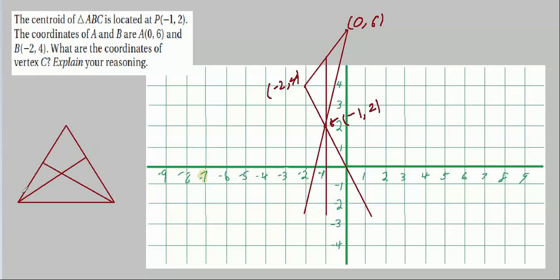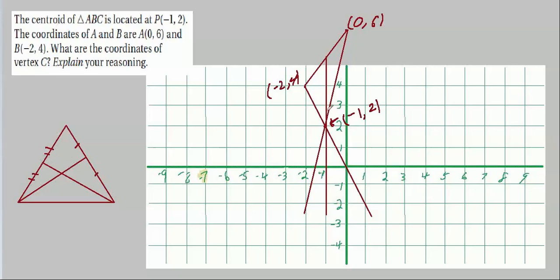It goes from the vertex to the midpoint, which I didn't draw very well, but this is the midpoint of this segment. This is the midpoint of this segment. Vertex to midpoint. That's a median, and where the medians intersect is called the centroid.